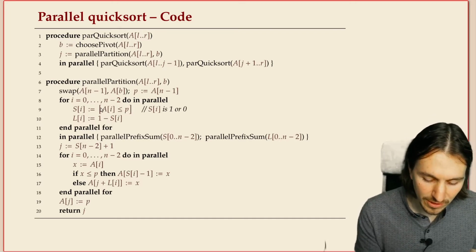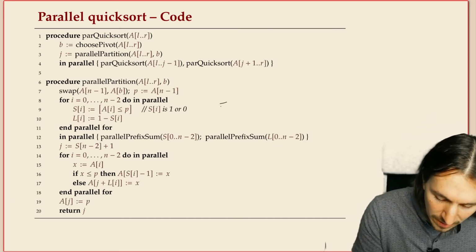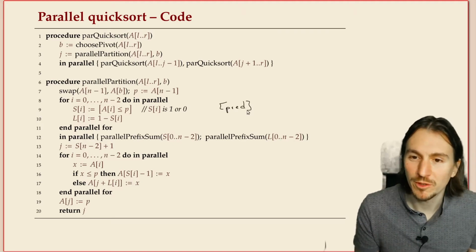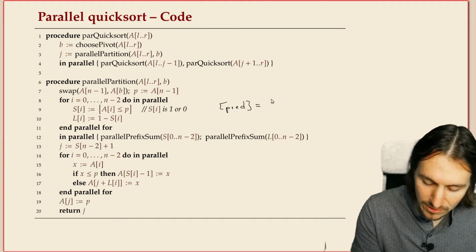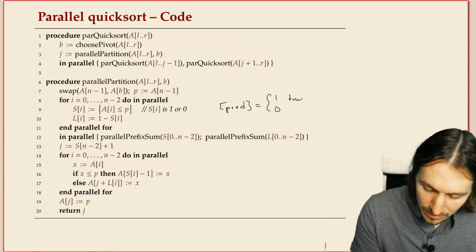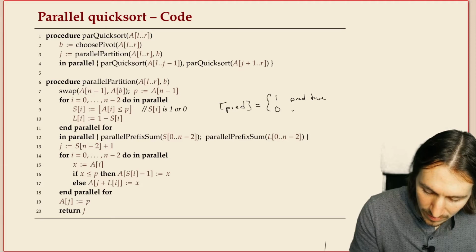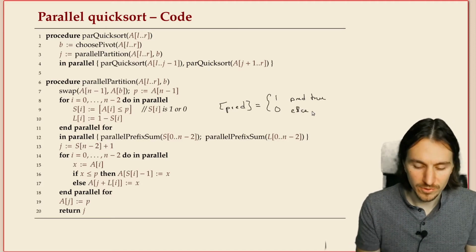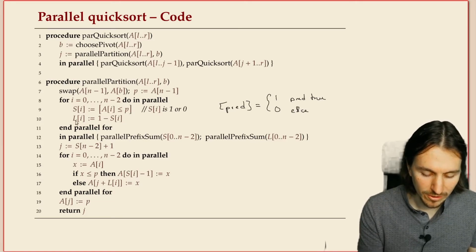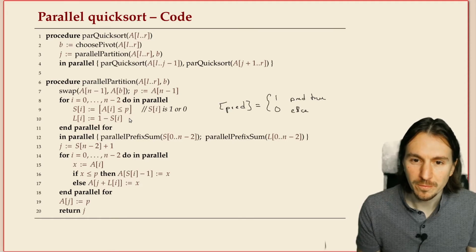And I use this notation: if you have a predicate, something that can be true or false, I write this square bracket, and that's just to mean 1 if the predicate is true, and 0 if it's false. So that's just a shorthand for that. And so S is smaller, L is larger. That's just the inverse.